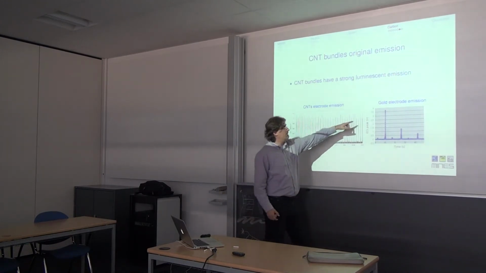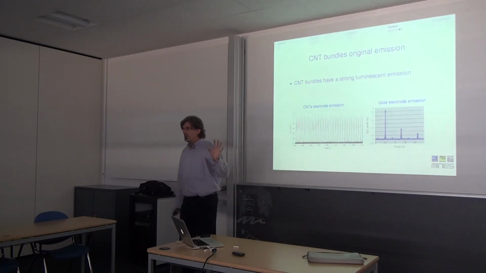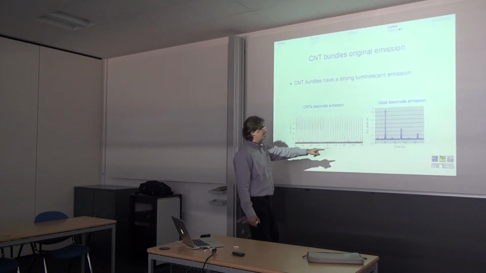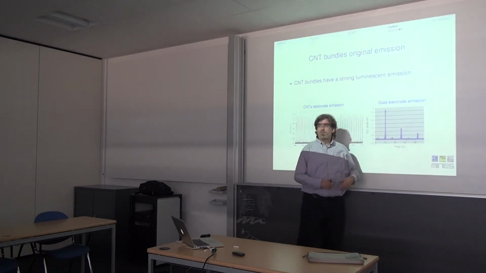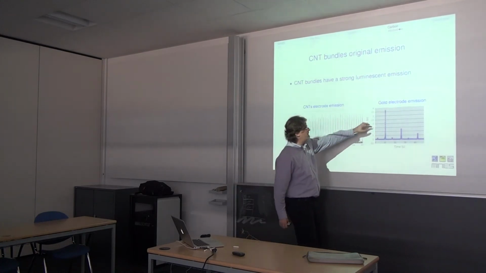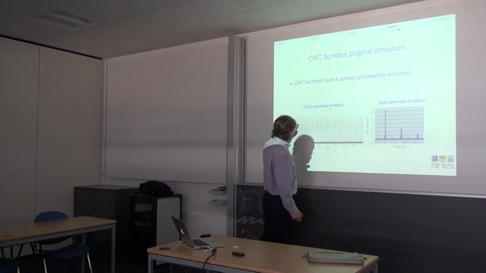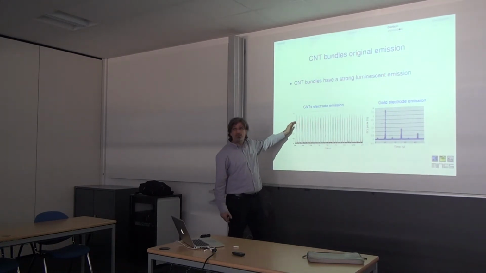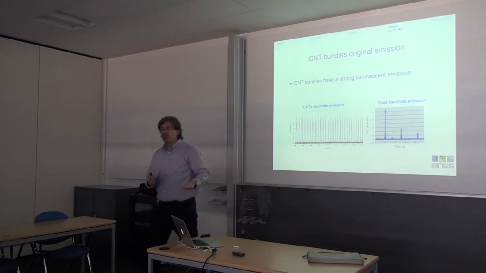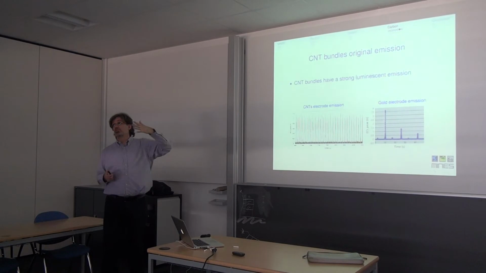You see here the emission of a gold electrode of the same dimension, 1 millimeter in diameter. You see that after 3 cycles going back and forth, the emission is going down rapidly. With the carbon nanotubes, we had this result. It is almost stable.